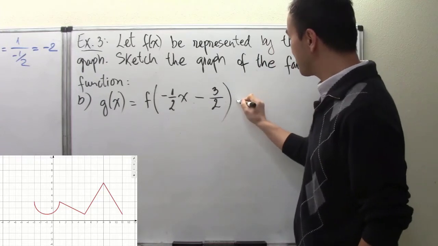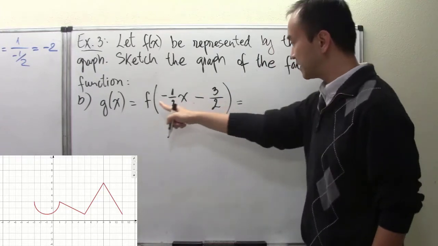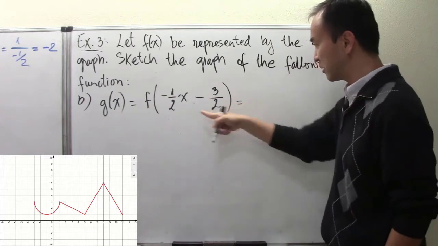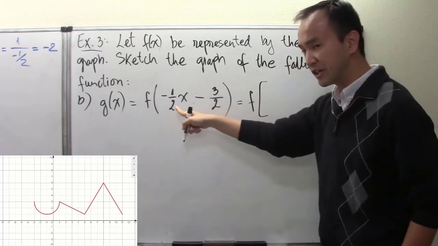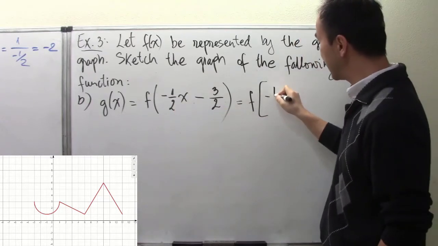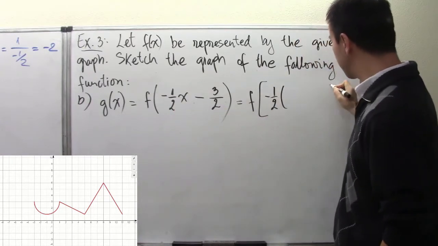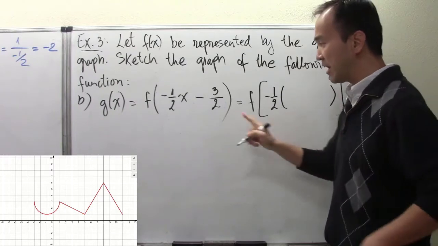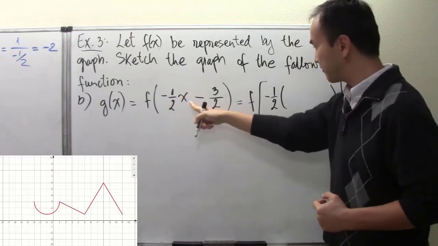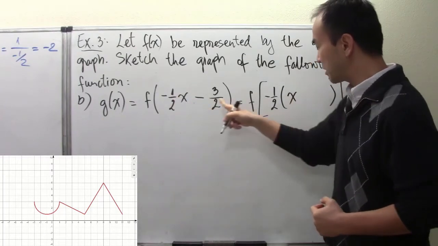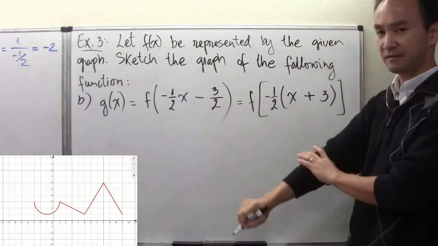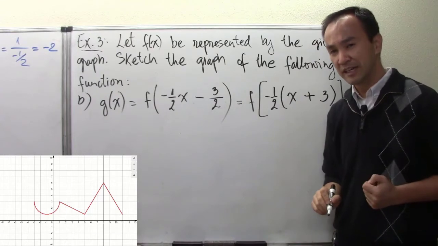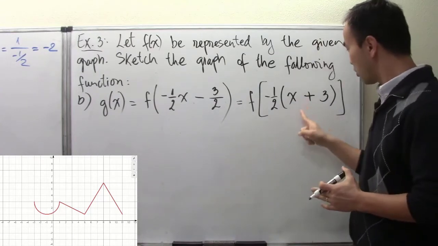So now here's how I want to see my parent function with this linear expression. It's f, and now factoring out the negative 1/2, I'm looking at negative 1/2 in parentheses. As we factor out negative 1/2, the first term here becomes x, but the second term here becomes just plus 3.